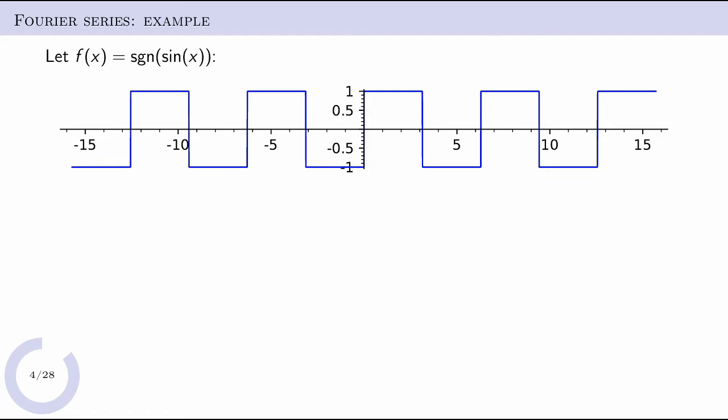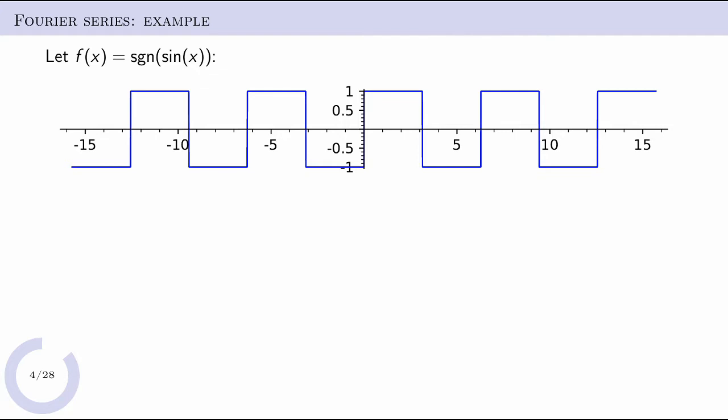Take the function sine of sine. It is of course not continuous. In fact, this graph that you see here is improper. There should be no vertical lines here. It's an error that Sage software makes.